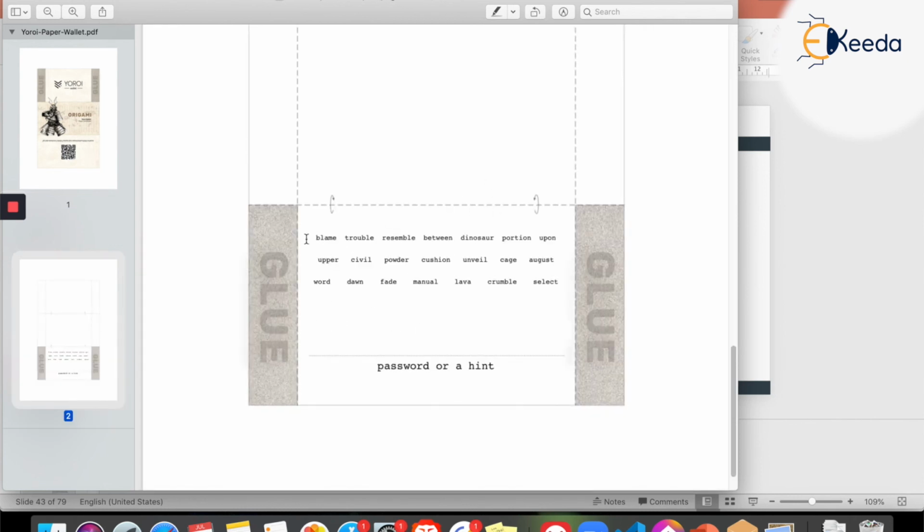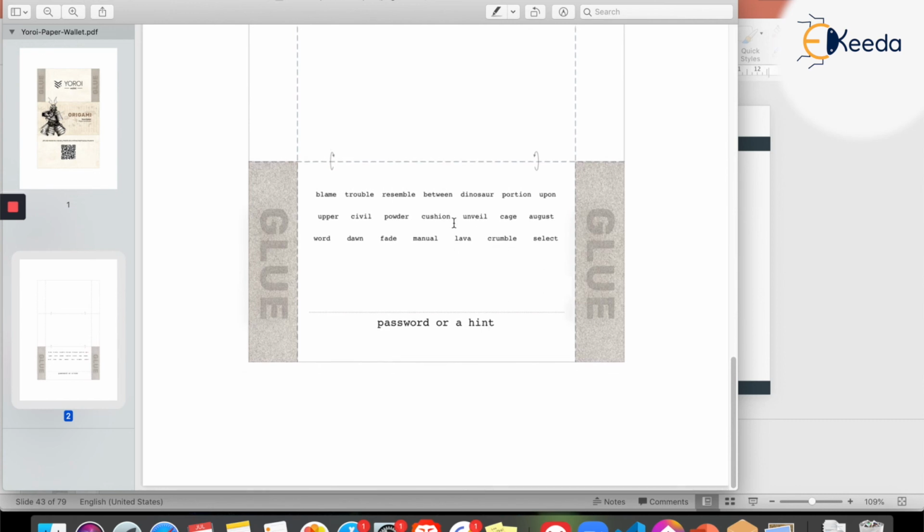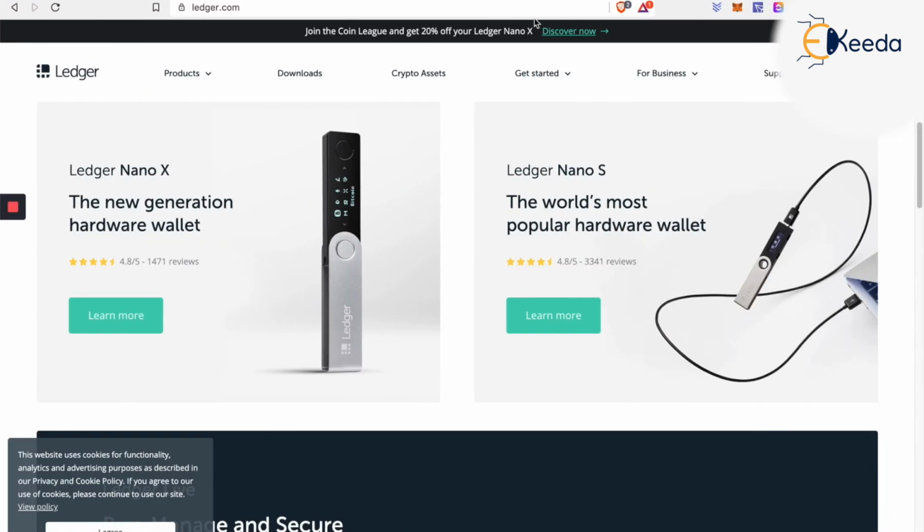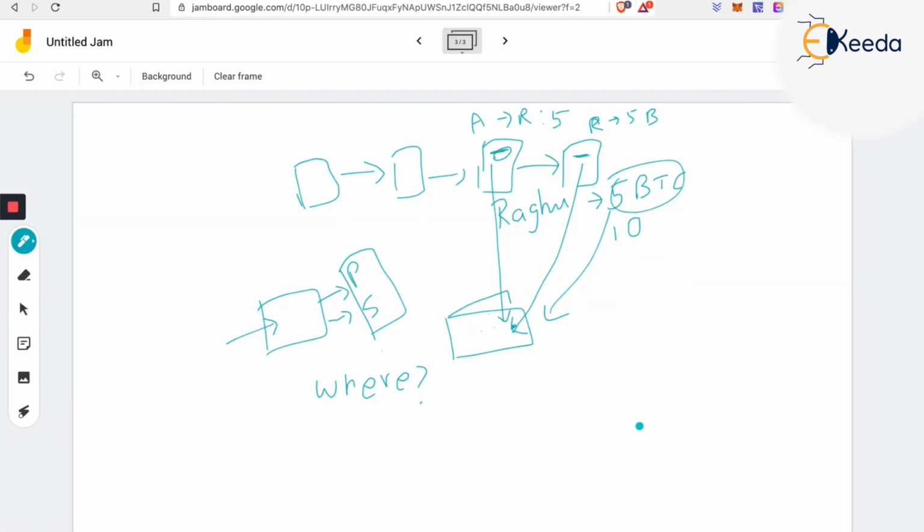Now you can see that these are a few general words that are being given to me, and these are called mnemonics. I'll also write that here. So here you can see this is called a mnemonic.